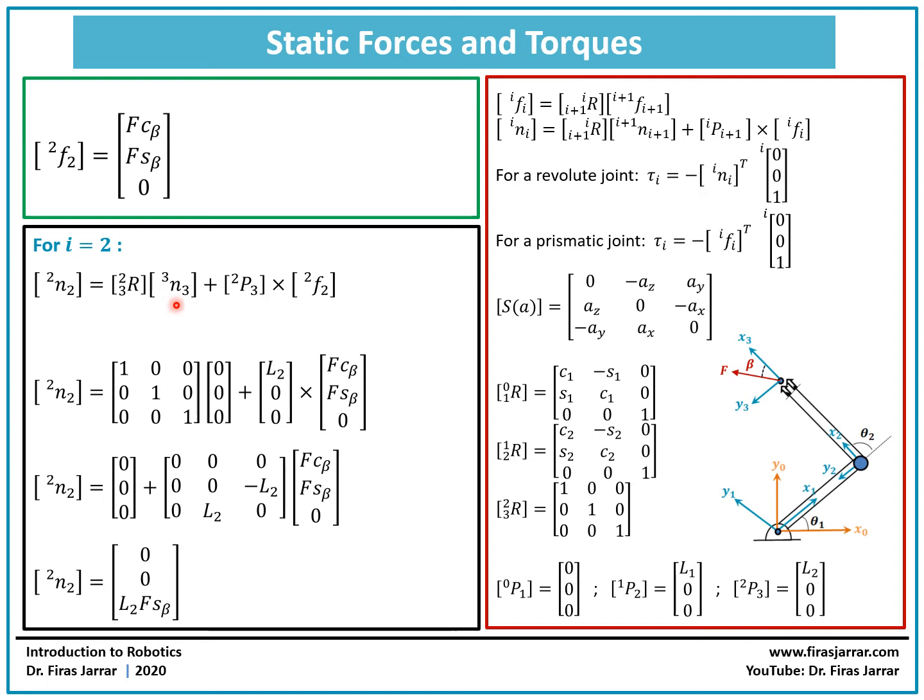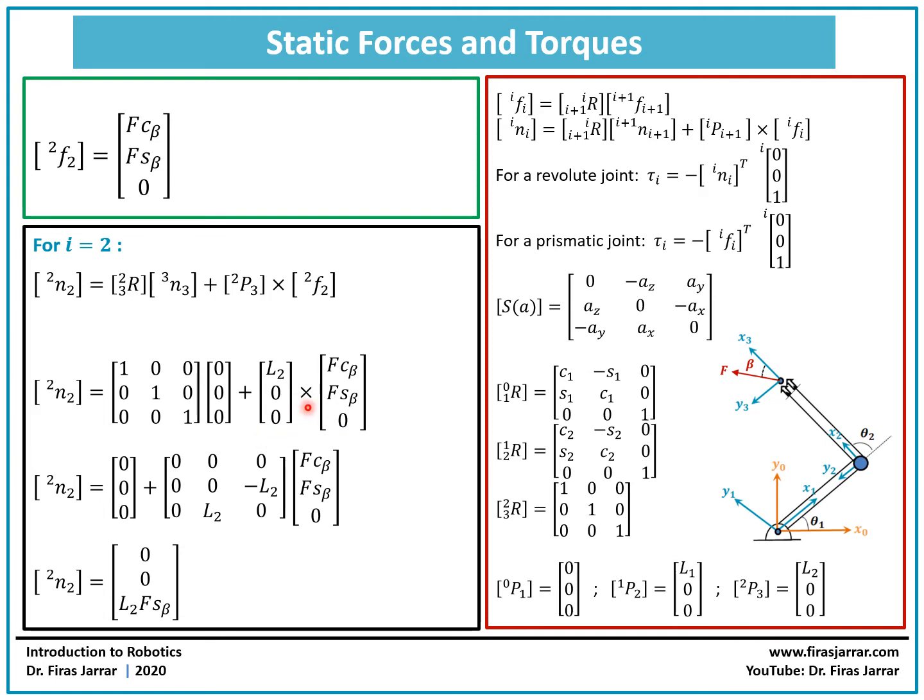And for N3, what's N3? N3 is the moment acting on the end effector, and we were told nothing about this in the example, so we'll assume that there's no external moment acting on the end effector. This is why it's zeros, and R 3 to 2 has the value shown here, which is the identity matrix. So multiplying the identity matrix by 0 still gives me the 0 column matrix.